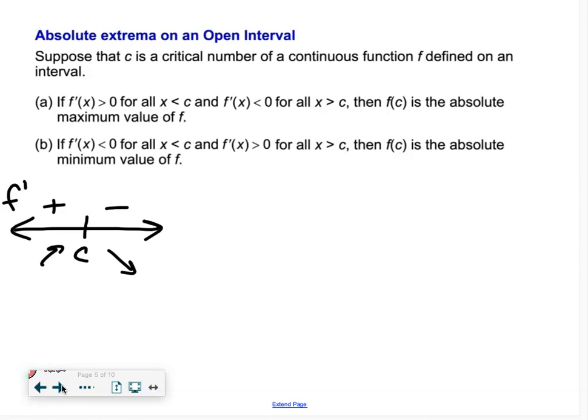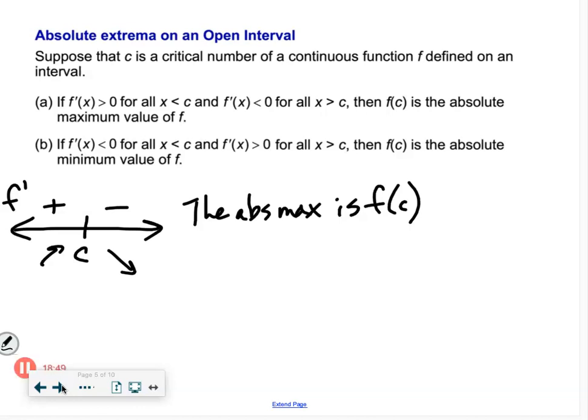So how would we write this? You would say the absolute max is f of c, whatever the y value happens to be. Absolute extremes are always y values. So the absolute max is f of c, because you can't just say that f prime changes from positive to negative. That only justifies a relative max.